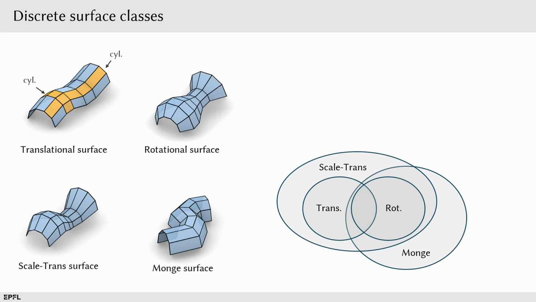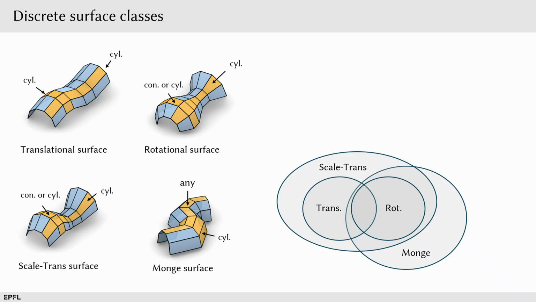It is interesting to think about the type of developable patches that we can have in these PQ meshes. So for example, if we look at translational surfaces, we can only have cylindrical developable strips in both directions, while rotational and scaled translational surfaces also admit cones in one direction, while remaining limited to cylinders in the other. The developable strips of a Monge surface instead are different, and they can be of any type in one direction, but are limited to cylinders in the other.